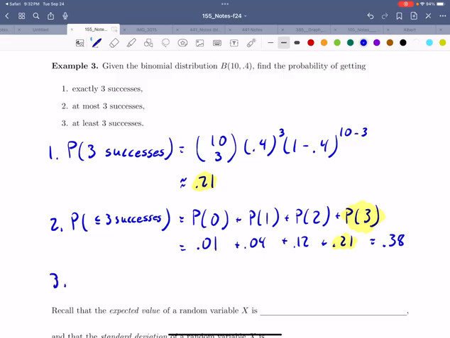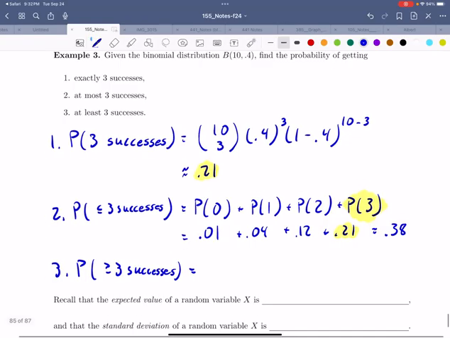And then last but not least, the probability of getting at least 3 successes. That means I'd have to find the probability of 3, 4, 5, 6, 7, 8, 9, and 10. Annoying. I'd rather not. But there might be a shortcut. This is equal to 1 minus the probability of at most 2 successes.